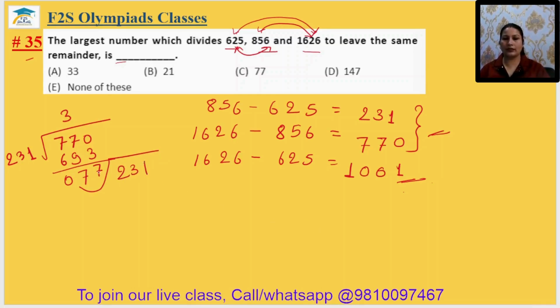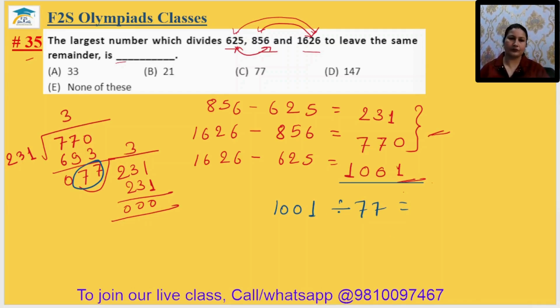So we can take 3s are 7 3s are 21, carry 2, 7 3s are 21, 23. 0 0 0. So 77 is the HCF. You can check with 1001 also. 1001 divided by 77, you can get the number 13. Okay? It means 77 is the HCF of these three numbers.